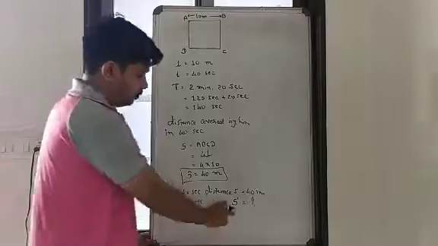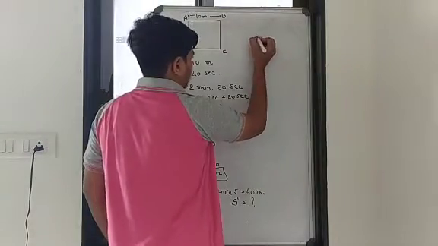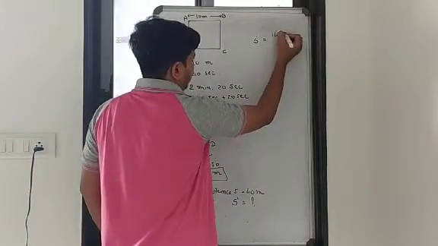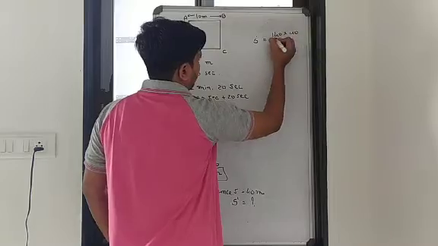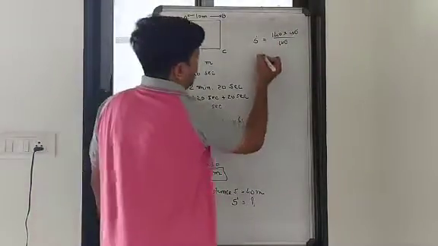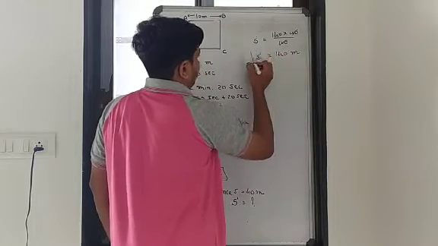Okay, we can take it like that. So S dash is equal to how much? Then you can find it like that. The S dash is equal to 140 into 40 divided by 40. The 40 cancels out. So you get S dash is equal to 140.